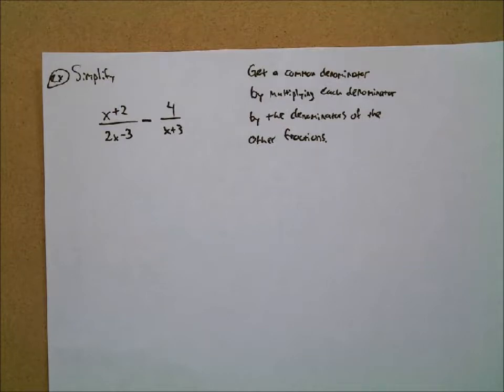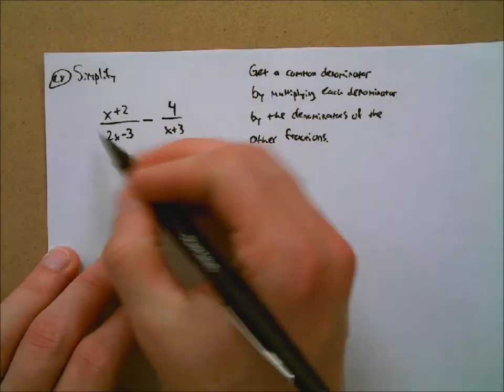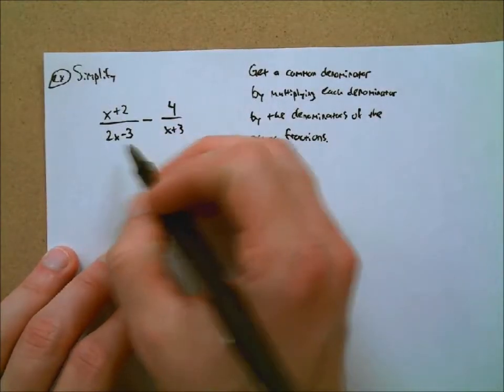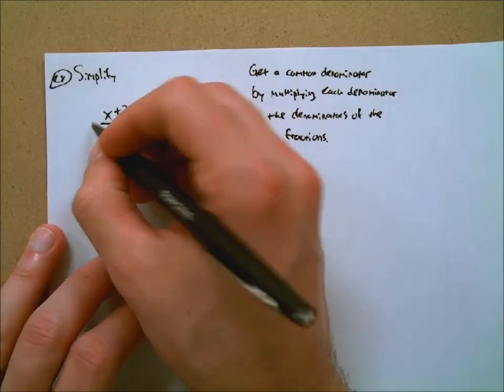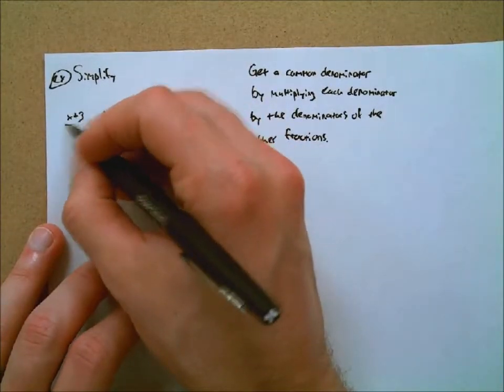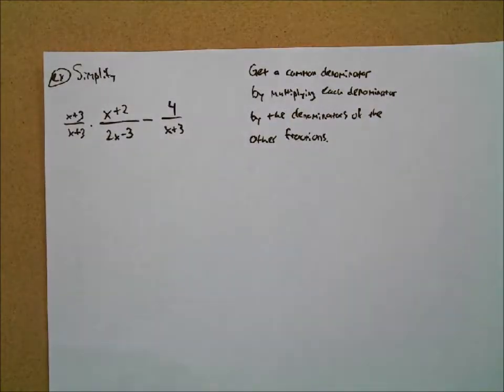So, for example, our first fraction has 2x minus 3 in the denominator, and it's missing an x plus 3. We're going to fix that by multiplying the top and the bottom by x plus 3 over x plus 3. We do it this way because when we multiply by x plus 3 over x plus 3, what quantity are we really multiplying by? 1.